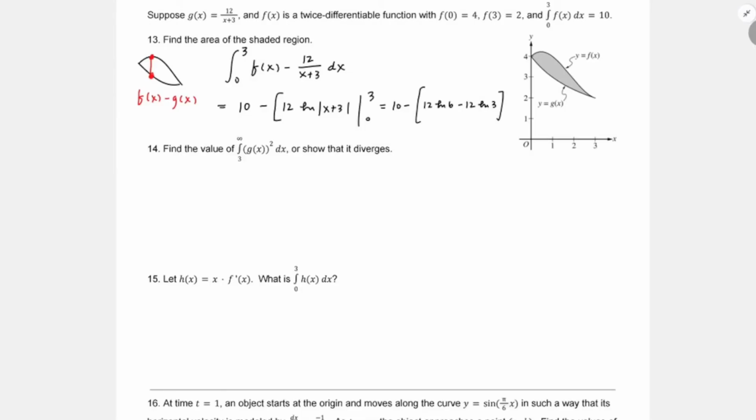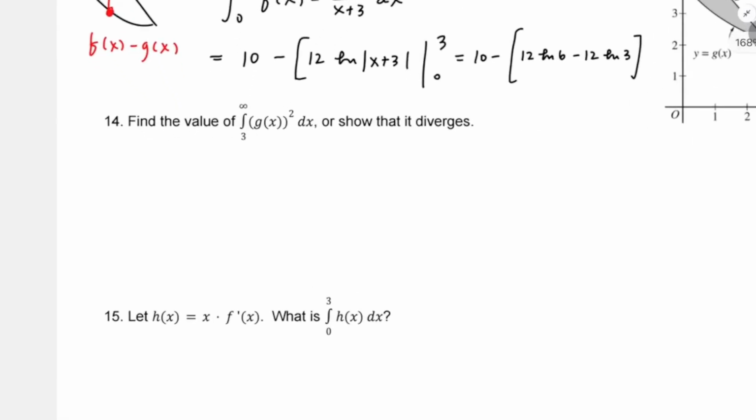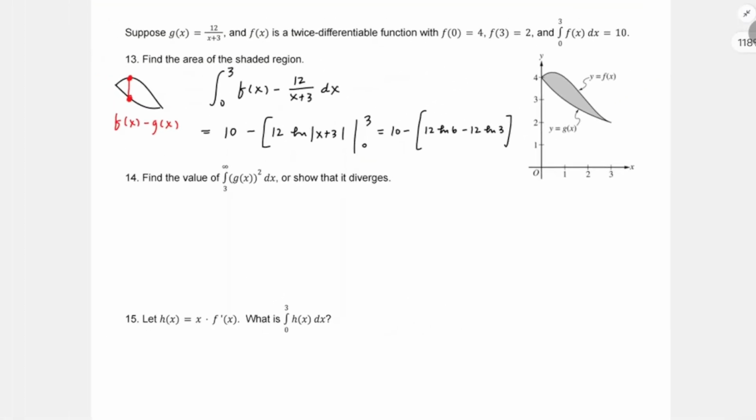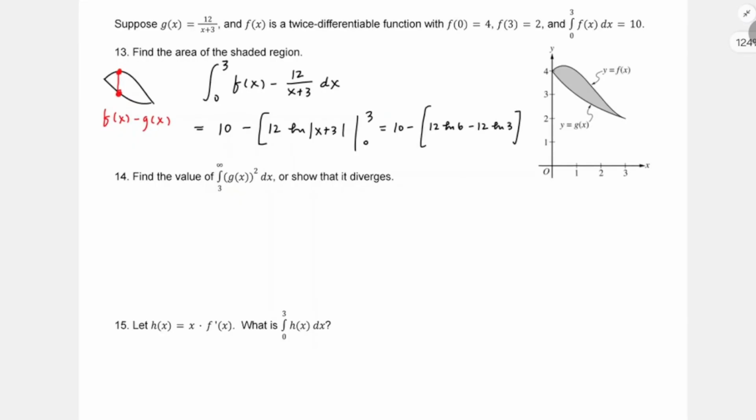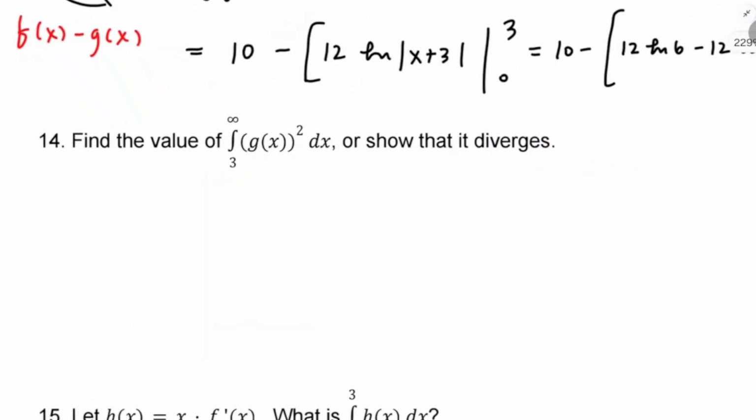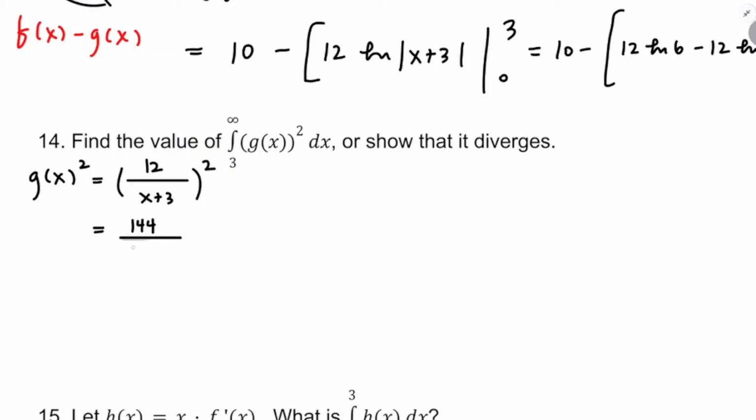Doesn't look unreasonable. Find the value of the integral from 3 to infinity of g of x squared. Now we're back to improper integrals. G was 12 over x plus 3. So it's that whole thing squared, so that's going to be 144 divided by x plus 3 squared.